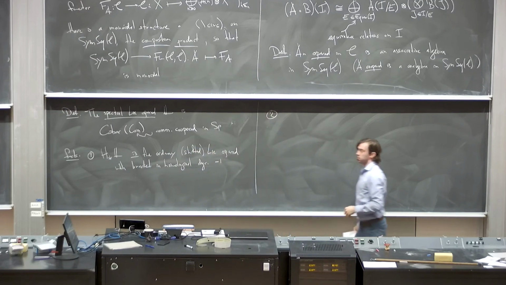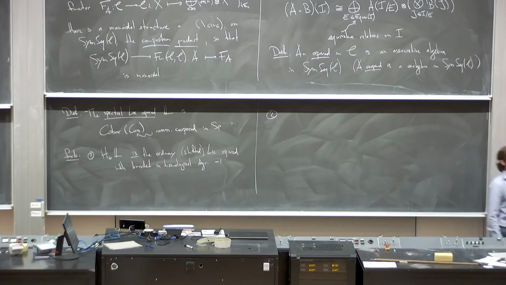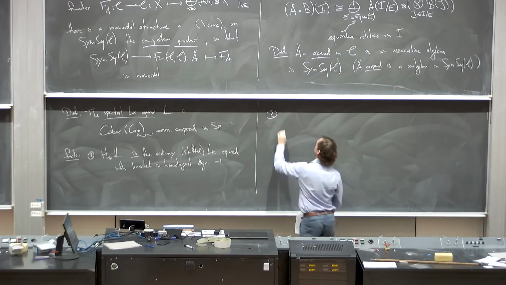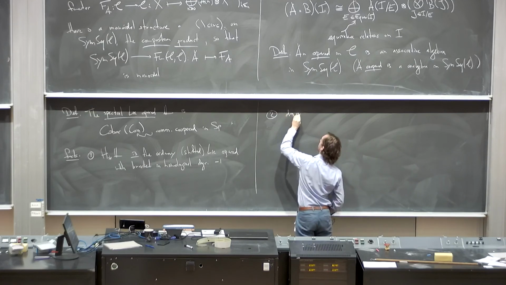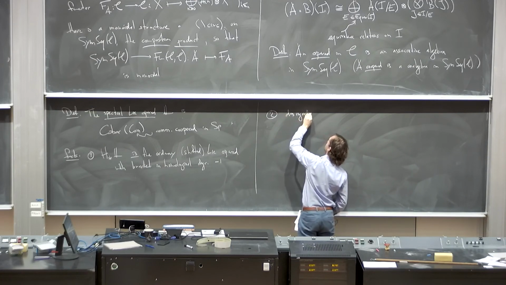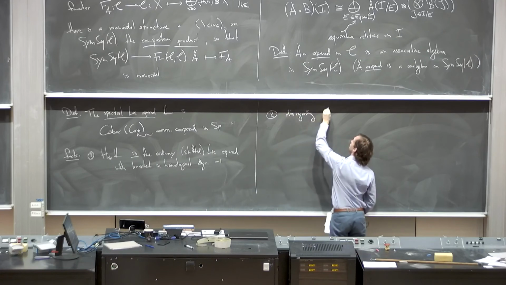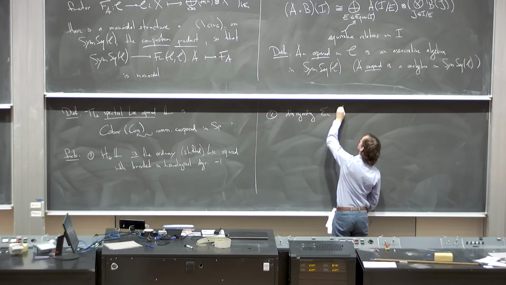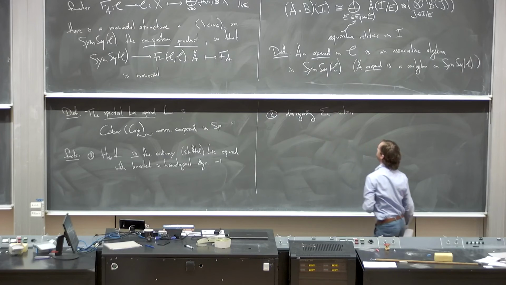So that's property 1. Property 2 is that the terms in this operad are really very explicit. You can just say what they are. If you want to be simple-minded and disregard the sigma n action, which you shouldn't do, this spectrum really is very simple.